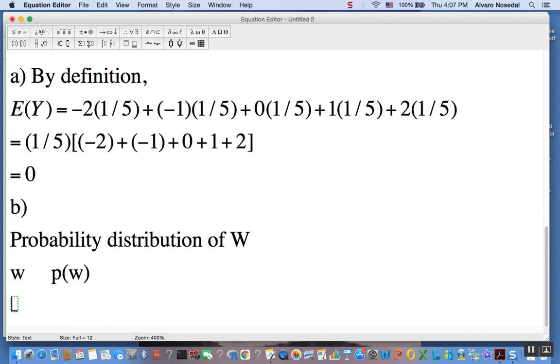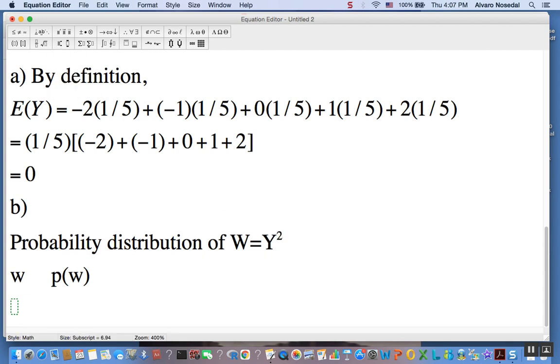And then the corresponding probability. So remember that W equals the random variable Y squared.